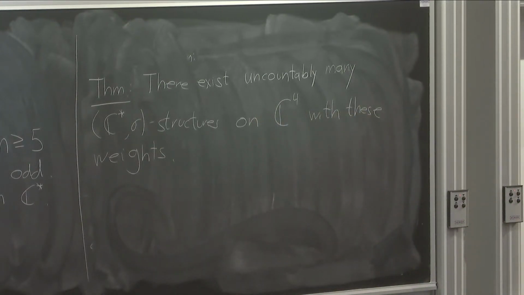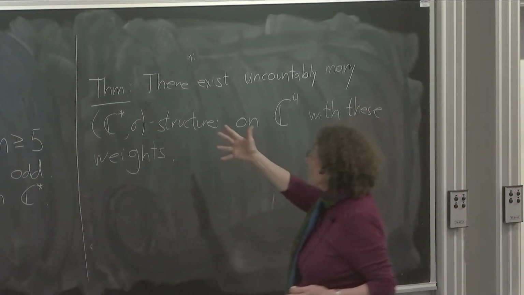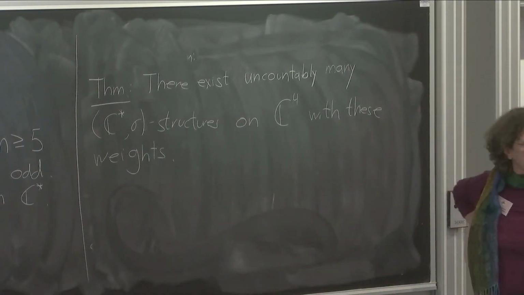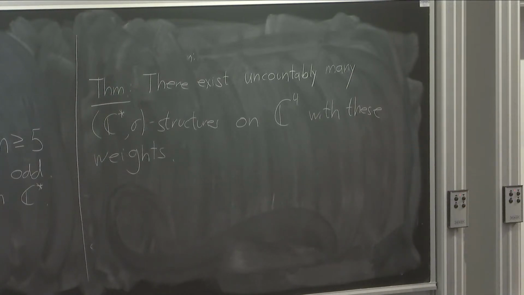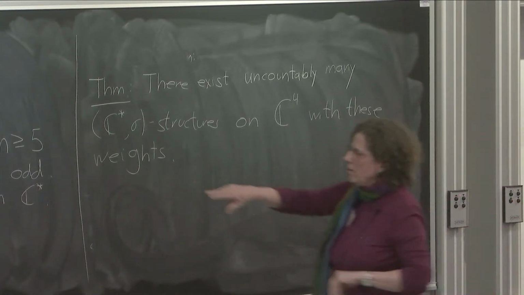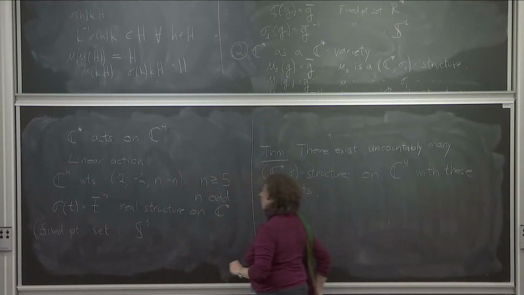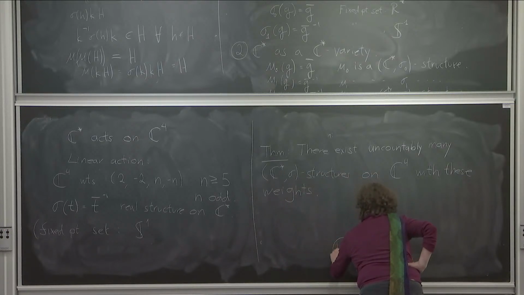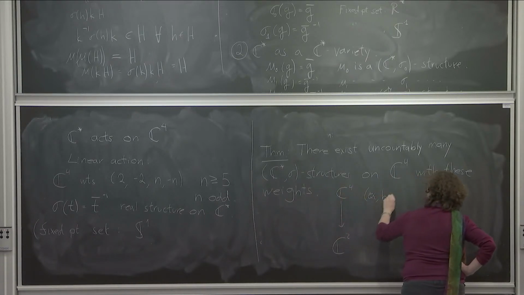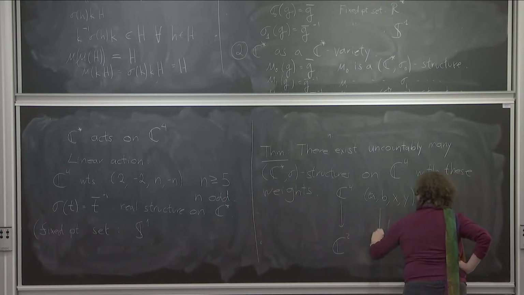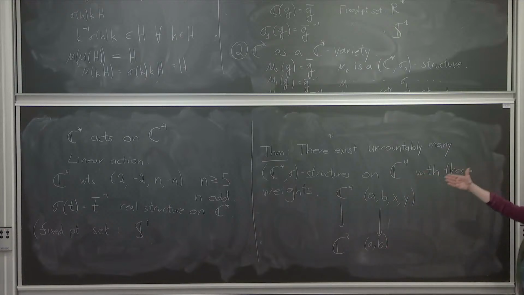Now, the reason I want to tell you about this result is because it's very related to the first result I did. What one does to find this is use vector bundles. In this structure, I'm looking at C4 as a trivial vector bundle, if I forget the action.